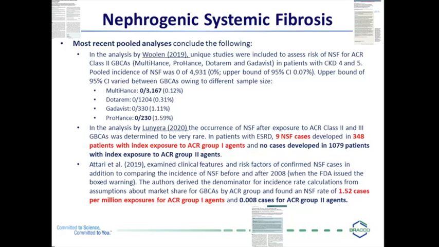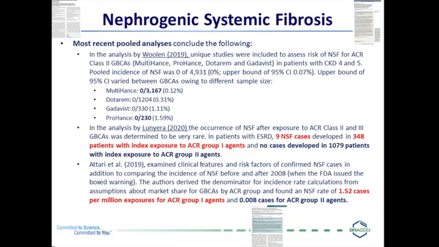Pooled incidence of NSF was 0 of 4,931. Upper bound of 95% confidence interval varied between GBCA due to different size of exposure, determining Multihance to have the lowest upper bound at 0.12% with 0 out of 3,167 cases.